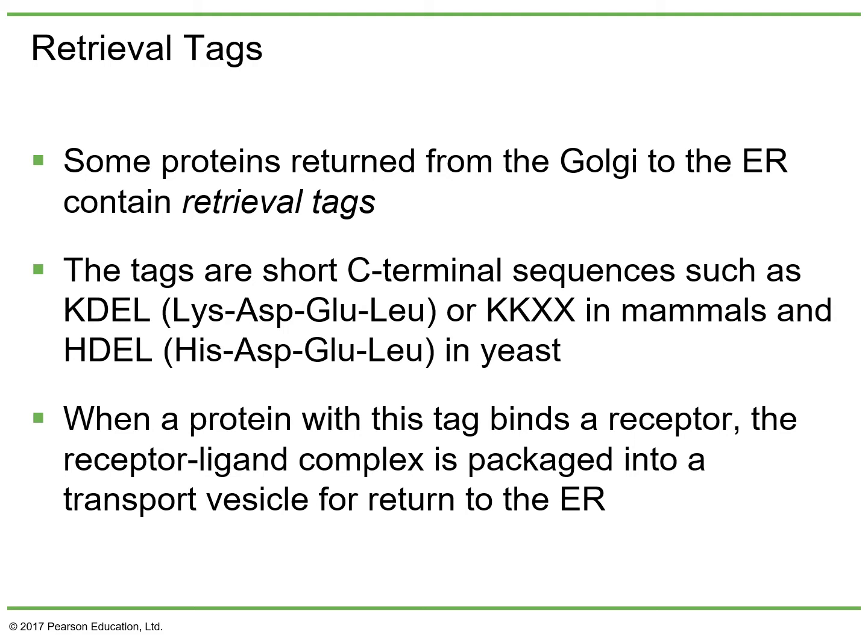The tags are short C-terminal amino acid sequences such as KDEL, which is lysine, aspartate, glutamate, and leucine, or maybe KKXX, where X can be any amino acid, in mammals, and HDEL, histidine, aspartate, glutamate, and leucine, in yeast cells.